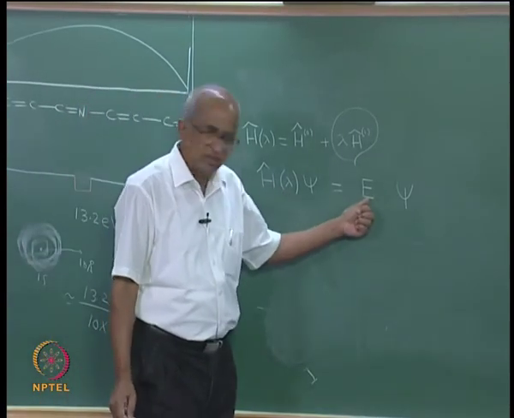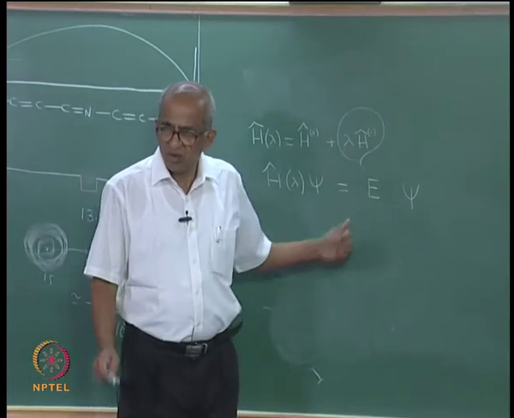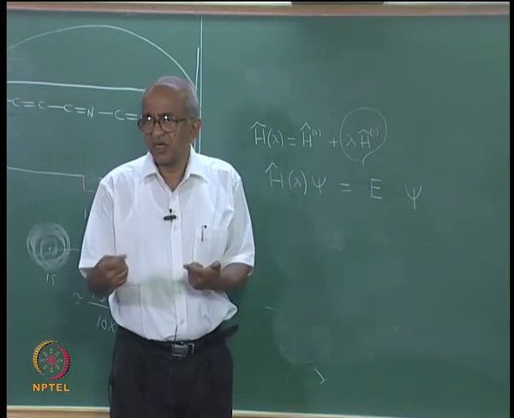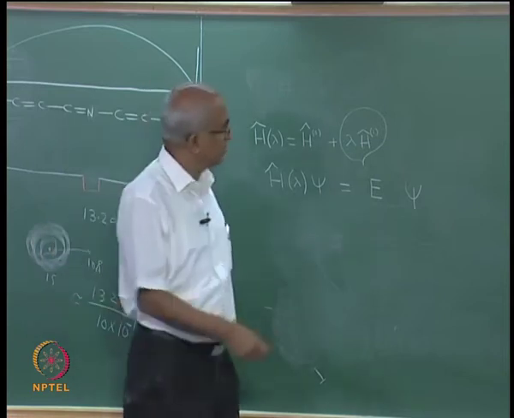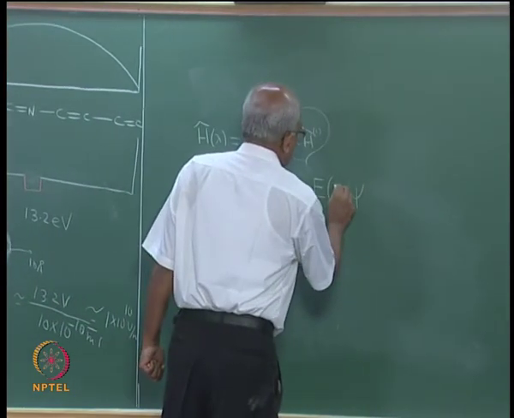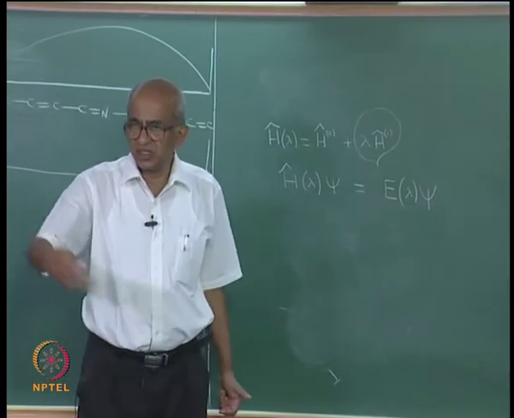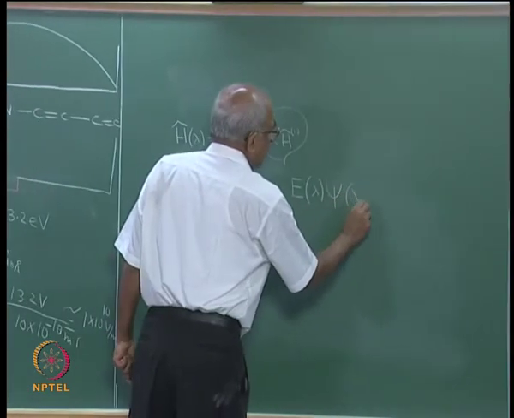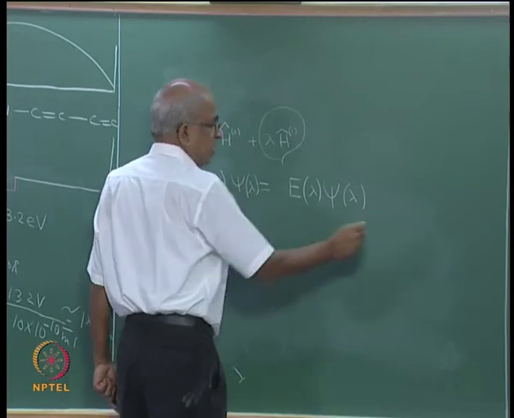The energy also has to depend upon the value of lambda. If I have an electric field applied, then naturally the energy of the system will change when I change the electric field. So, this has to be a function of lambda. Not only that, when I change the electric field, the wave function also should change. Therefore, everything is going to depend upon lambda.